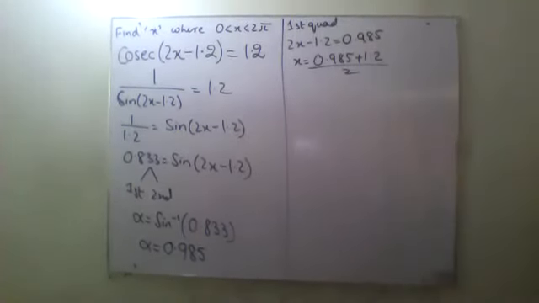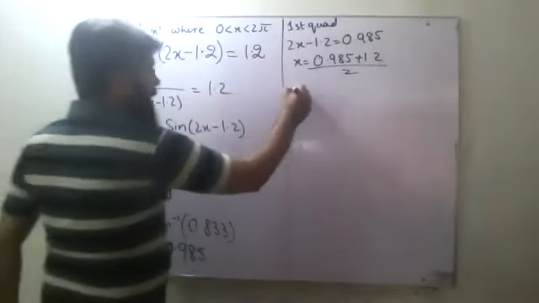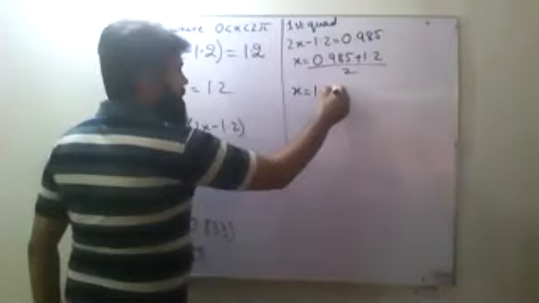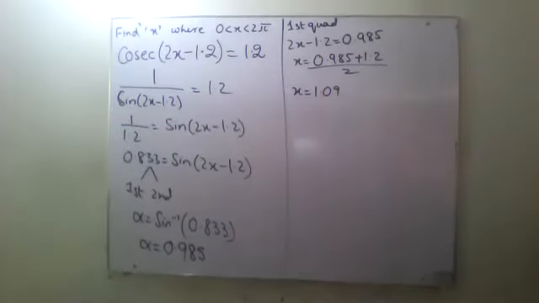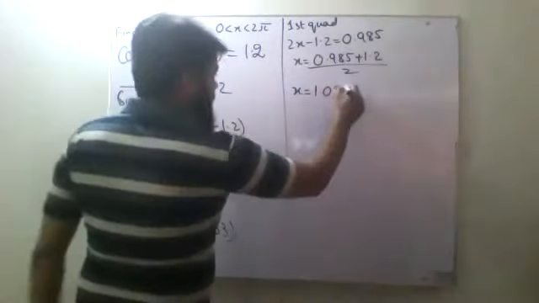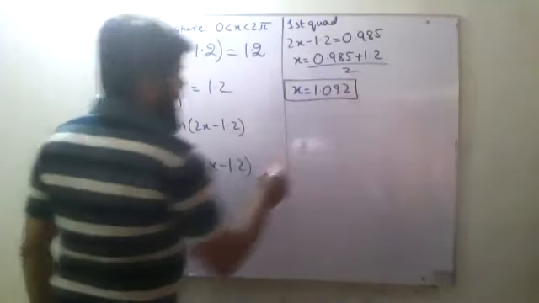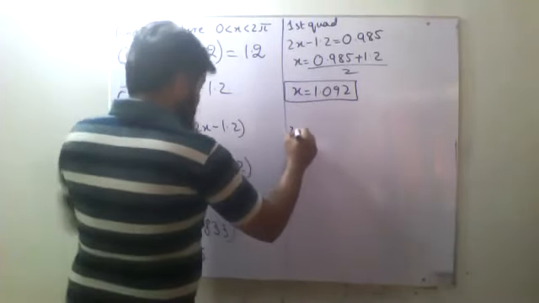Plus 1.2 divided by 2, and my final answer is x equals 1.092. This is my first value of x. Now, second quadrant.